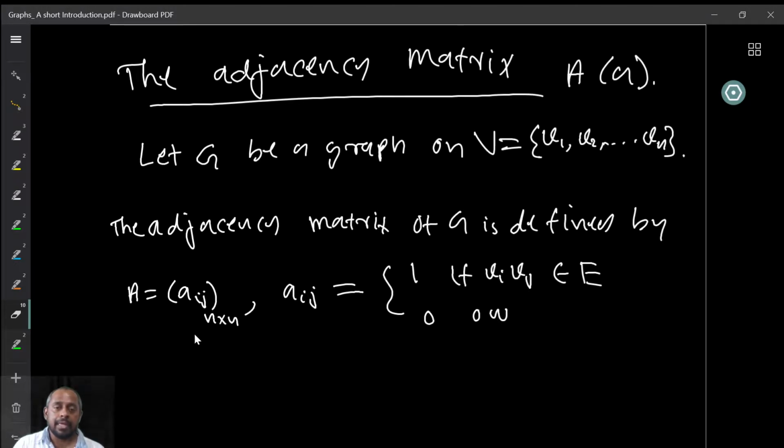Then I define the adjacency matrix of the graph as follows. So given A is equal to Aij, which is an n cross n matrix, Aij is defined to be 1 if Vi, Vj is an edge of the graph and 0 otherwise. So given this matrix, you can immediately see which pair of vertices are adjacent, and therefore that gives you the entire graph, right?